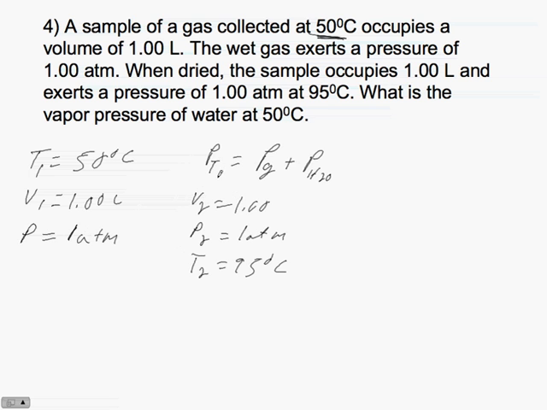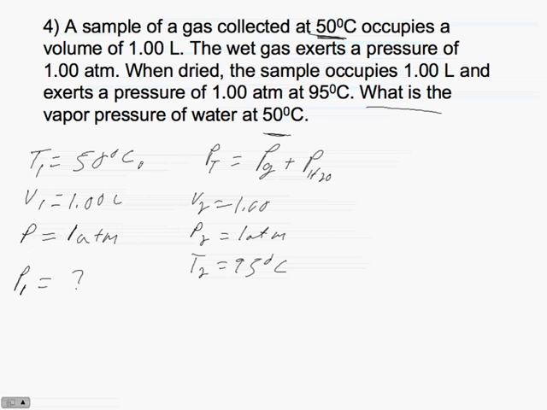So this is a combined gas law problem because we have T1, V1, V2, P2, and T2, but we don't have P1. We need to determine the initial pressure, P1, at 50 degrees Celsius.